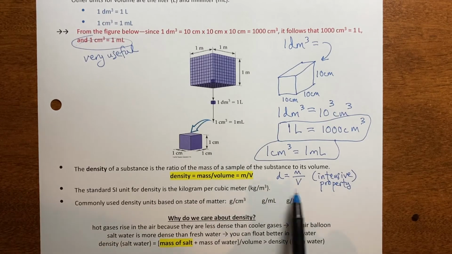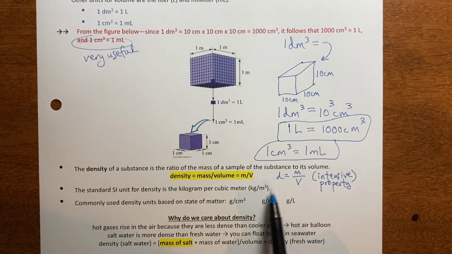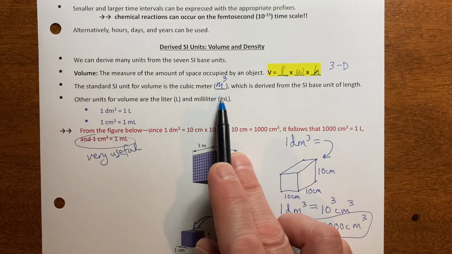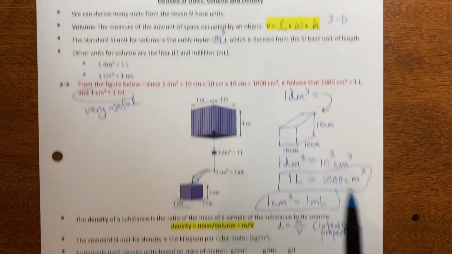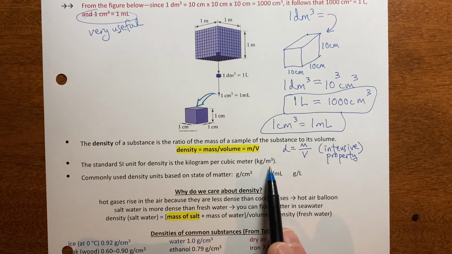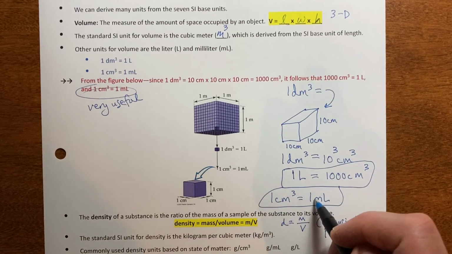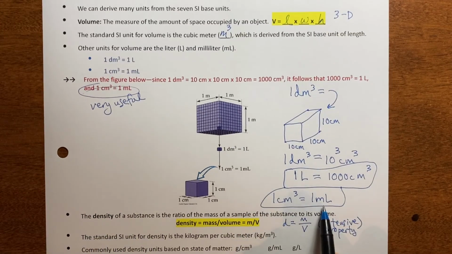But in the SI system, since kilogram is our standard unit of mass, and the cubic meter is the standard unit of volume, then you get kilograms per cubic meter for the SI unit for density. That isn't really convenient for us. In chemistry, we deal with much smaller sizes of matter. So on the milliliter size, which is about the size of a sugar cube.